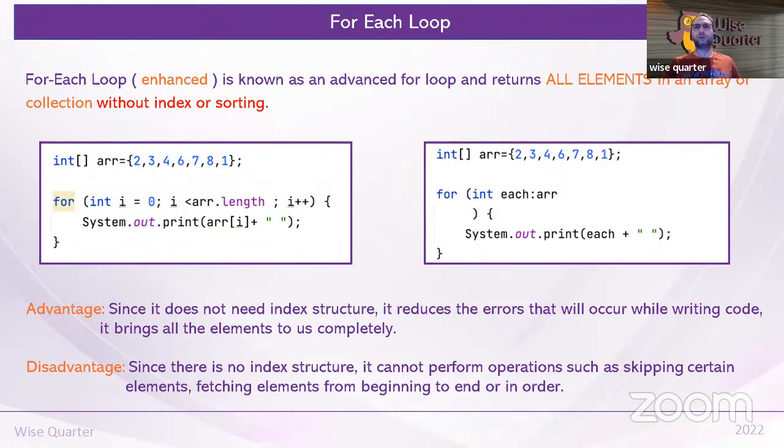If we only want to reach all the elements in a list, array or collection, and you don't want to use an index structure, if its only purpose is reaching all the elements, you can use the for each loop. It is faster, but it won't follow the index order. It's very important. It will bring you all the elements without following the order, and because of not following the order, it is faster.